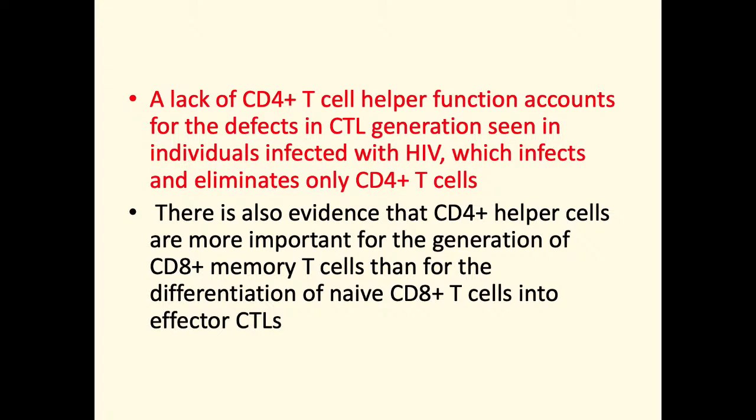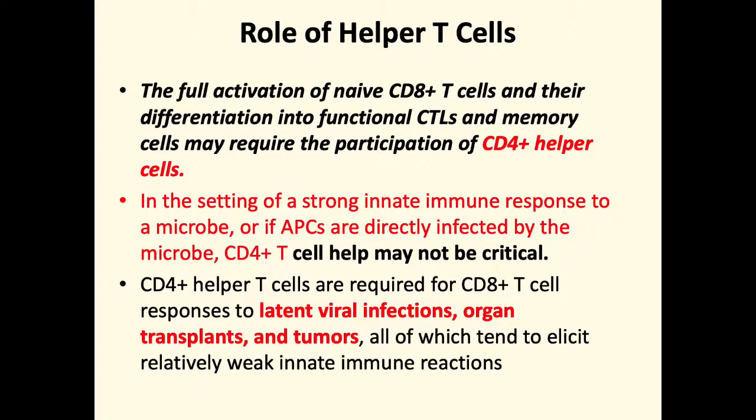Dendritic cells are most important in normal acute viral infections, but in terms of tumors, organ transplant and latent viral infections, we need CD4 T cells to activate CD8 T cells.